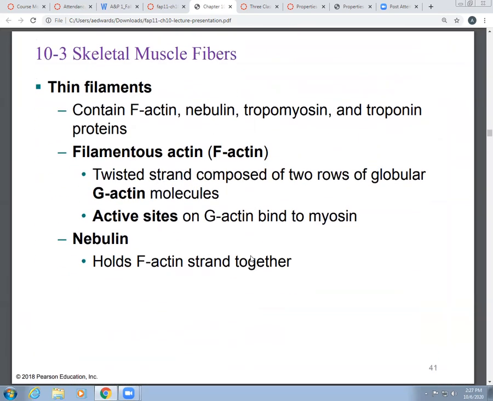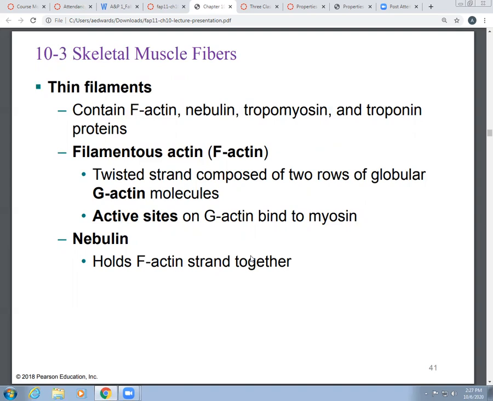All right, so let's talk a little more about the filaments. You have your thin filaments, and the thin filaments are composed of multiple components. You have F-actin or filamentous actin, you have nebulin, tropomyosin, and troponin.